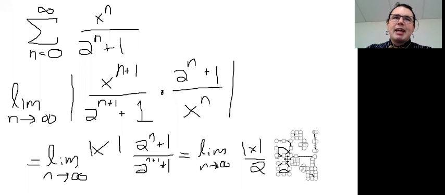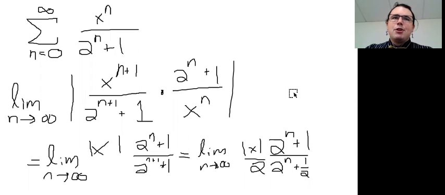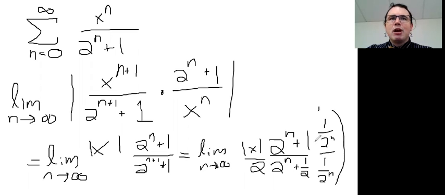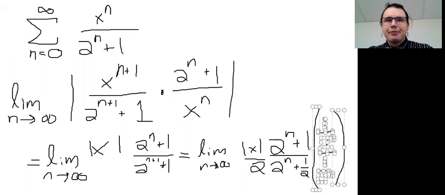Now, there's a couple ways you can handle this. You might want to multiply the numerator and denominator both by 1 over 2 to the power n. Because I'm doing the same operation to the numerator and the denominator, I can shuffle the formula around without changing the value that that formula produces.